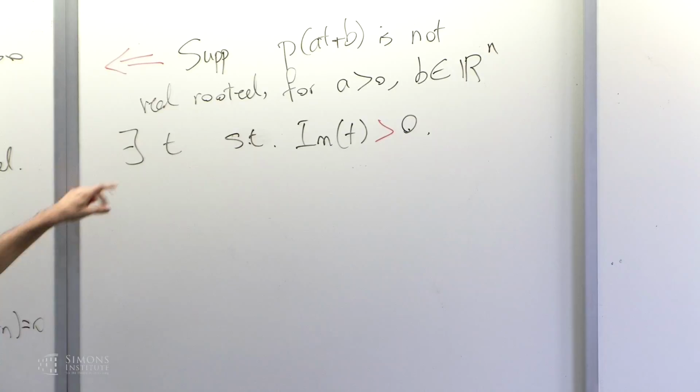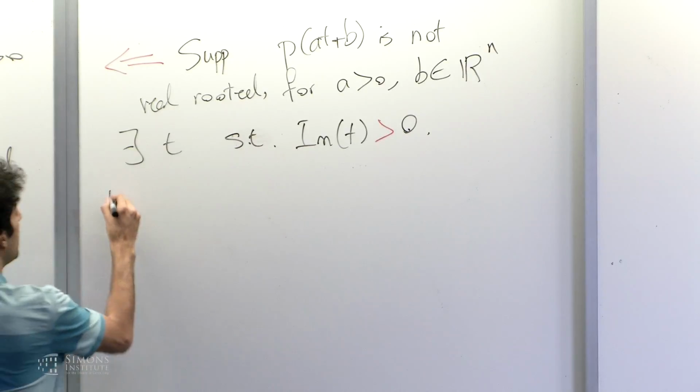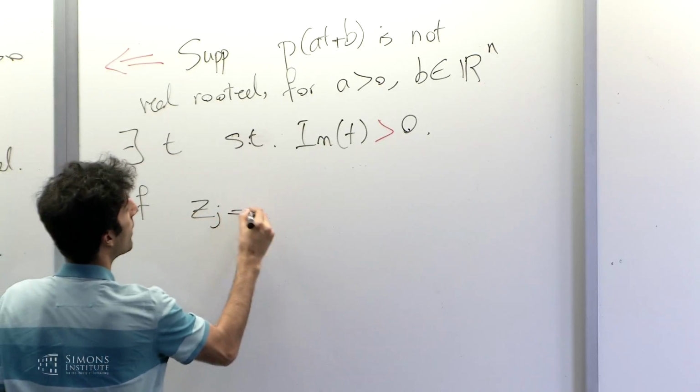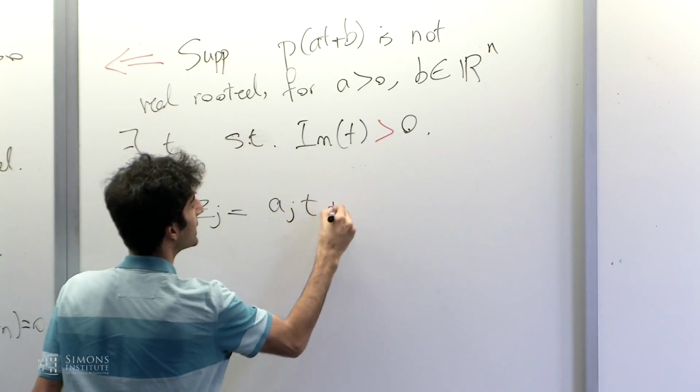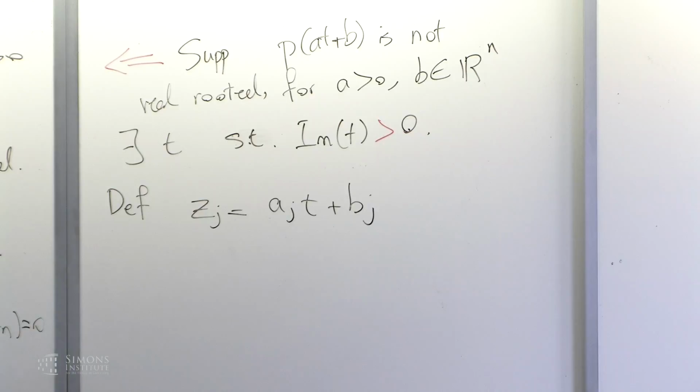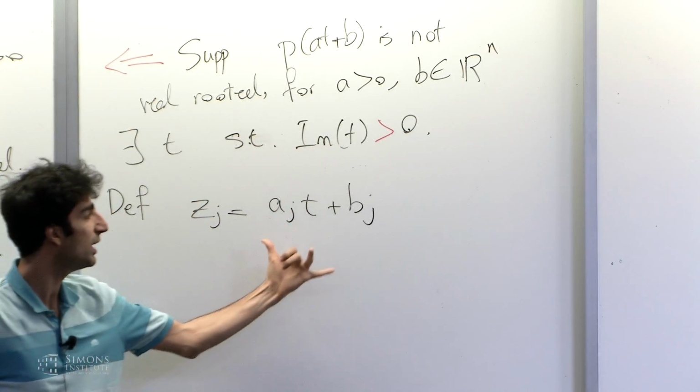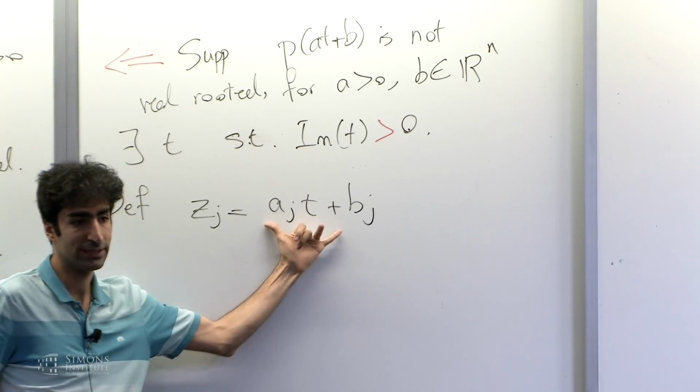Now, I'm going to define z's and prove that the polynomial P is not real stable. So now define zj to be aj t plus bj. Now, because t has positive imaginary value and aj is positive, this would be a complex number with positive imaginary value.